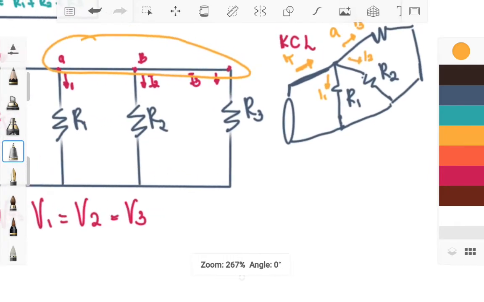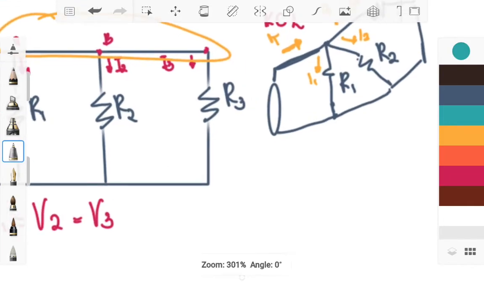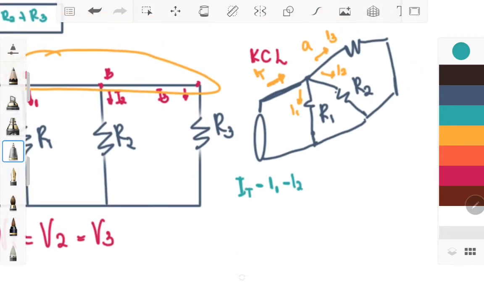So, paano natin isosolve yan? So, dyan pumapasok yung KCL natin. Using KCL, we have I total, pumasok siya, positive I total. Then lumabas yung node, yung I1. So, you have your negative I1, negative I2, lumabas sa node.